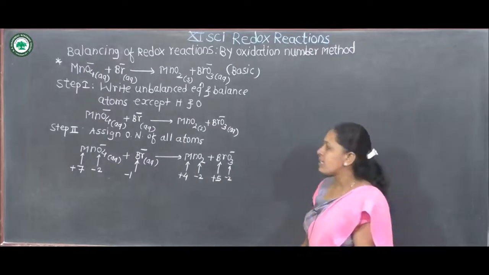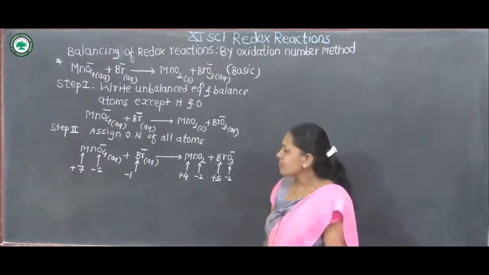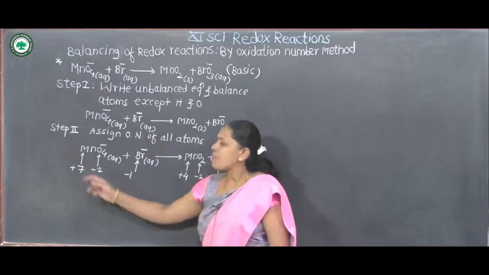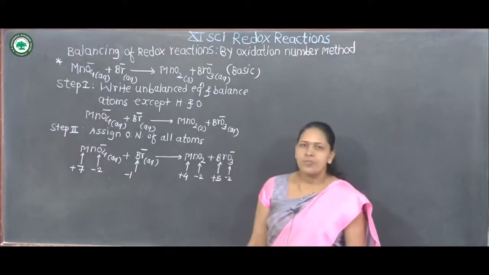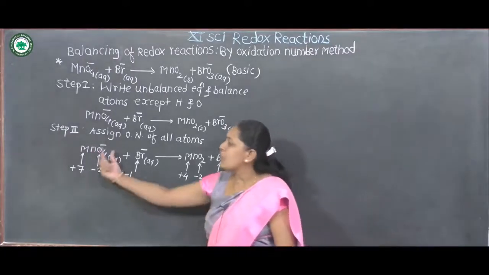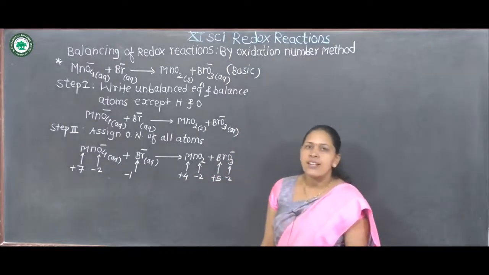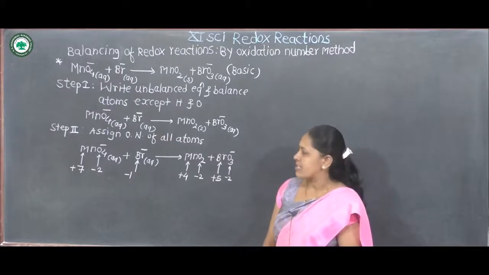It indicates that the bromide ion undergoes oxidation. The oxidation number of manganese changes from +7 to +4, that means it decreases. It indicates that the MnO4 minus species undergoes reduction because its oxidation number decreases.